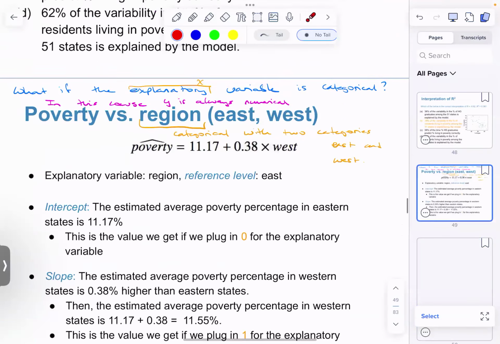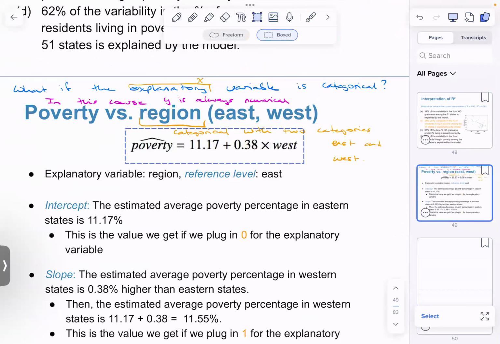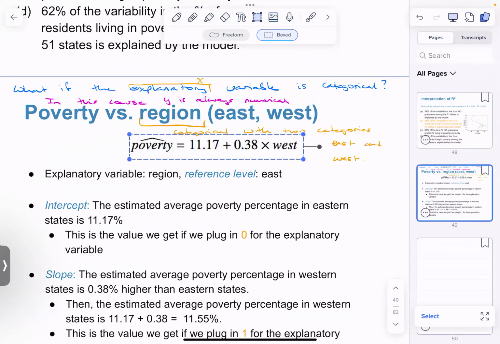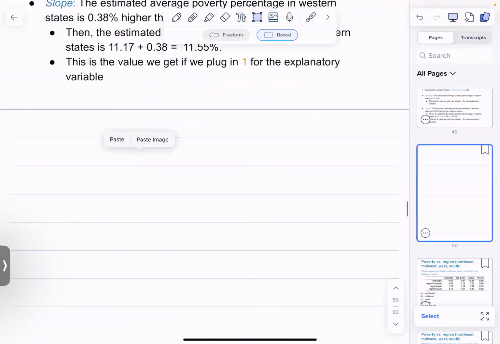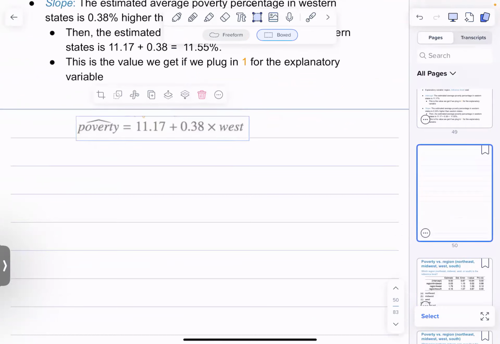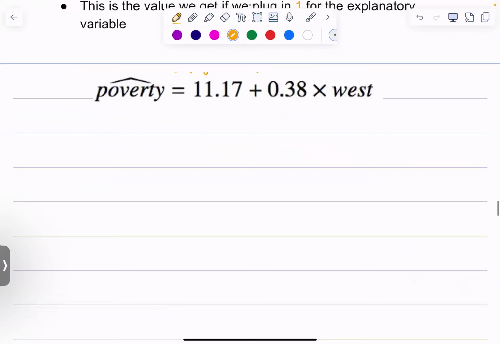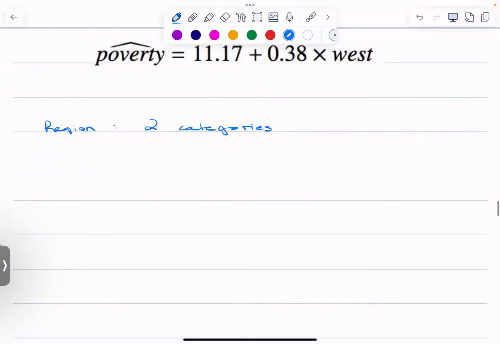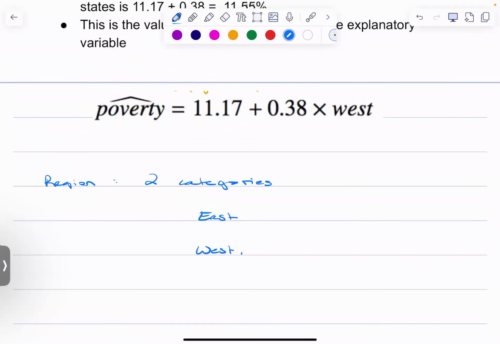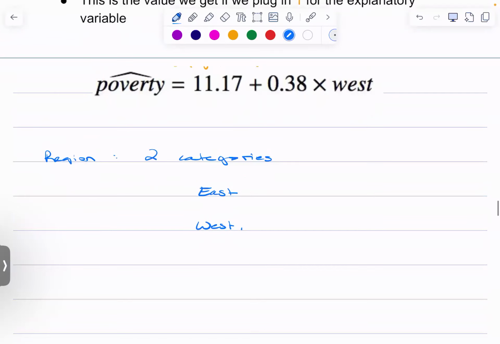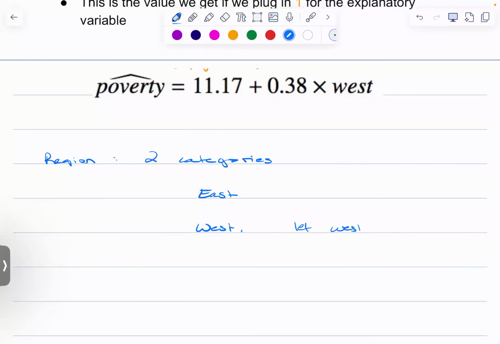So if the region has two categories, East and West, in this model, let West be 1.